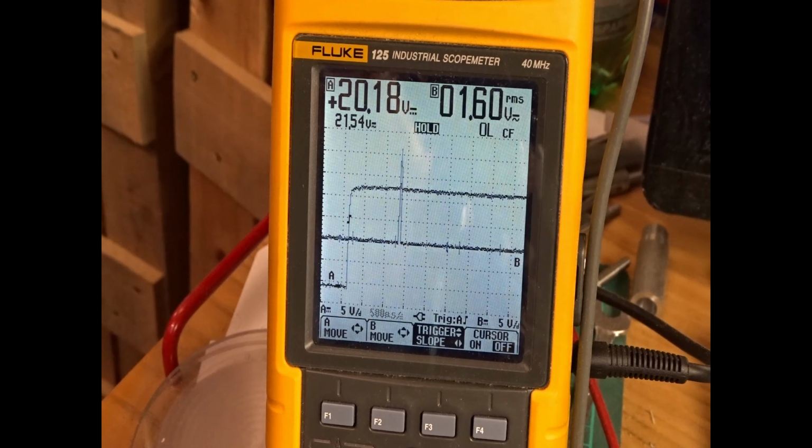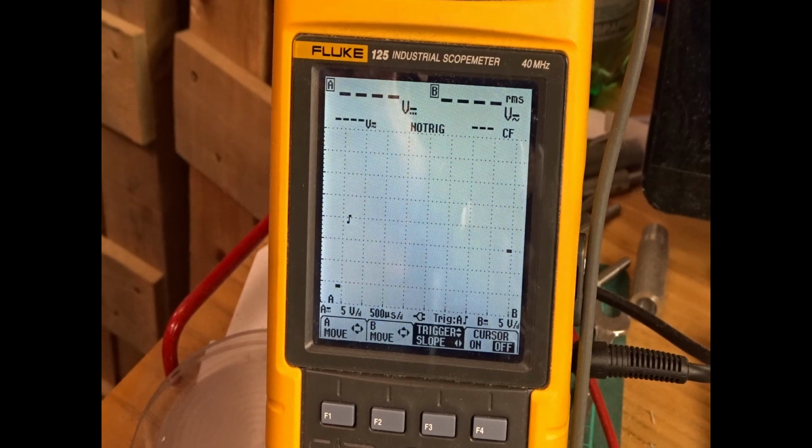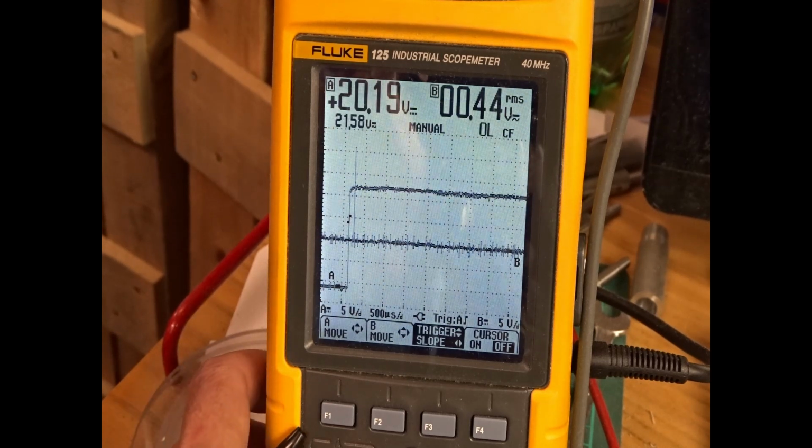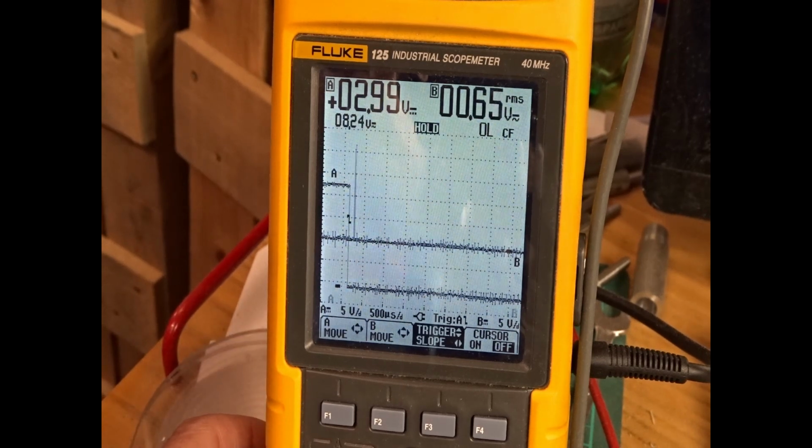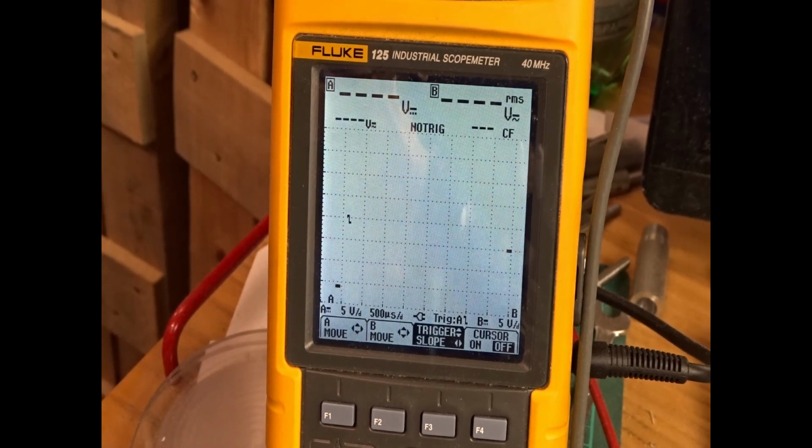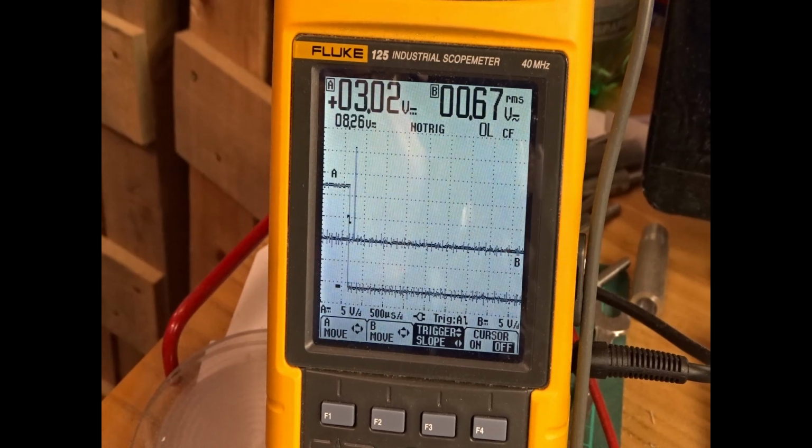500 microseconds. Change the slope again, it's a little easier to see. Okay, that's 500 microseconds per division.